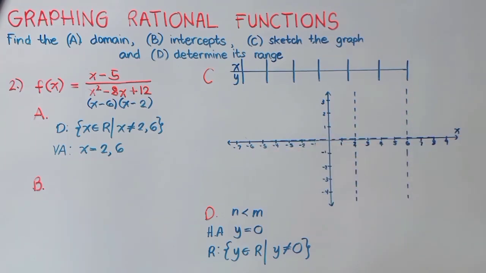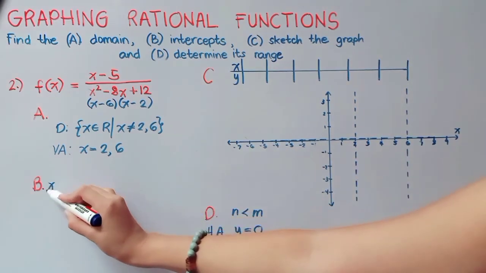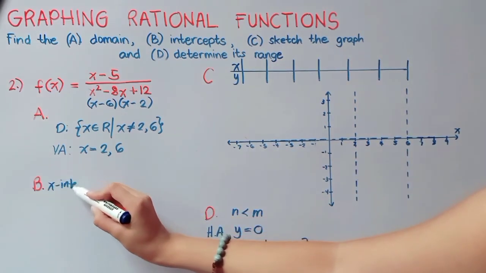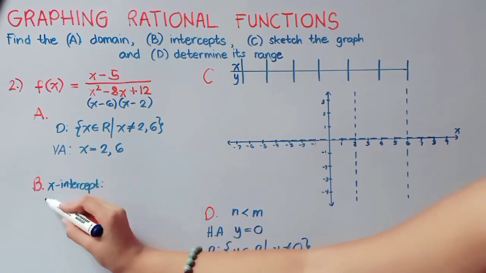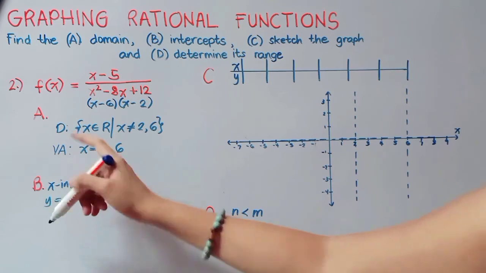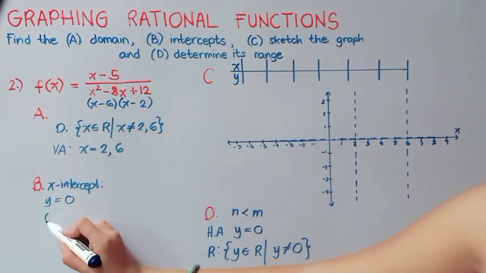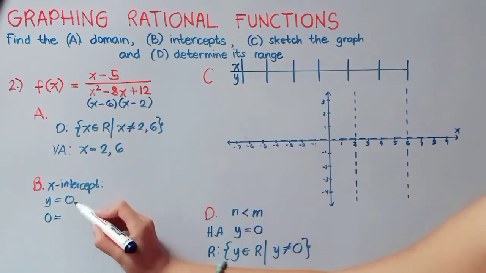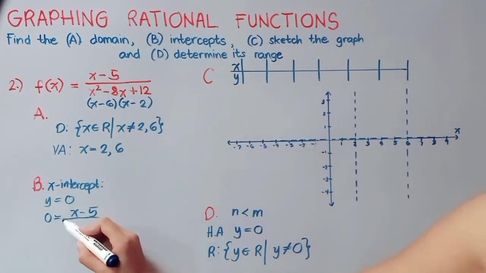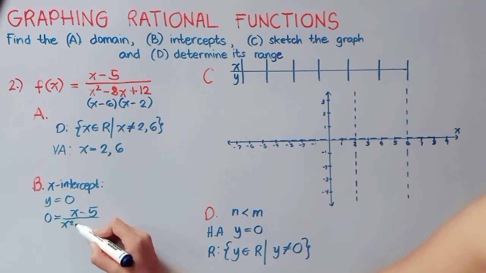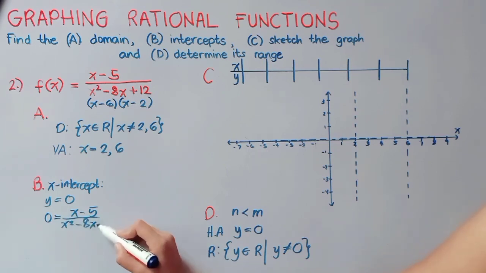Now let us proceed with getting our intercepts. Again, let's start with the x-intercept, which we can get if we let y be equal to 0. So f(x) is equal to y, so that's 0, and then copy x minus 5 all over x squared minus 8x plus 12.